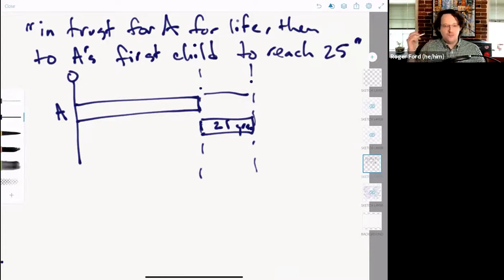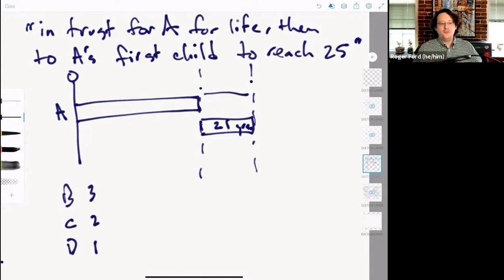Now it's void, because there's a scenario where we will not know within 21 years of A's death who is going to take the grant, right? So let's say when A dies, A has 3 children, B, C, and D, and they are 3, 2, and 1.